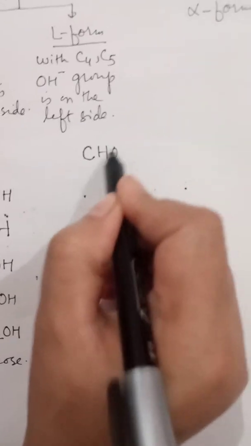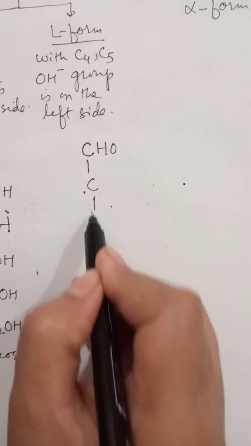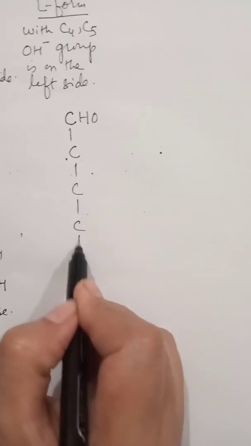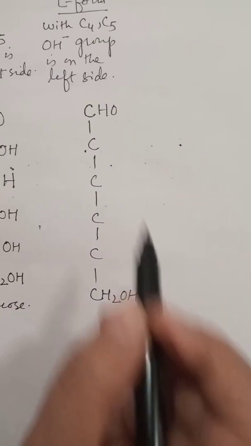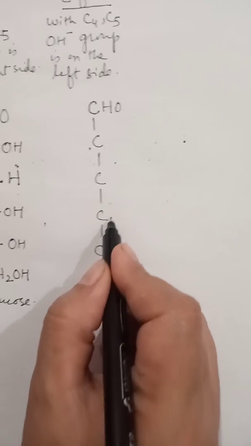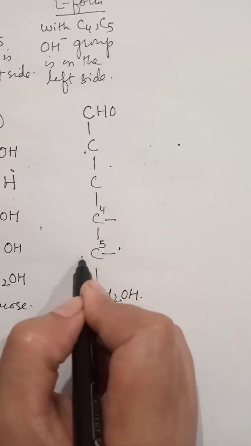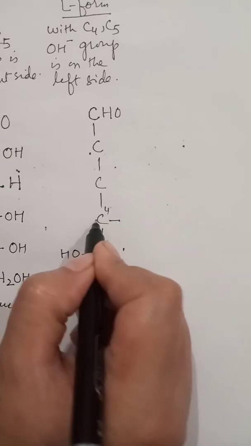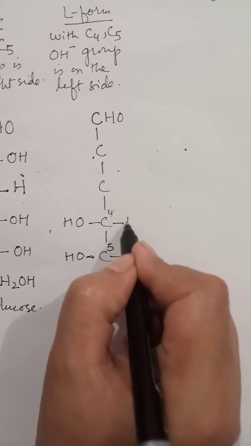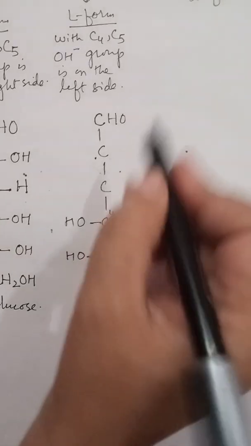Now the L form of glucose, when it appears in open chain form, is again an aldo sugar, with carbons 4, 5 and 6. The last one will be CH2OH, and with carbon number 4 and 5 I will write the hydroxyl group on the left side and hydrogen on the right side.